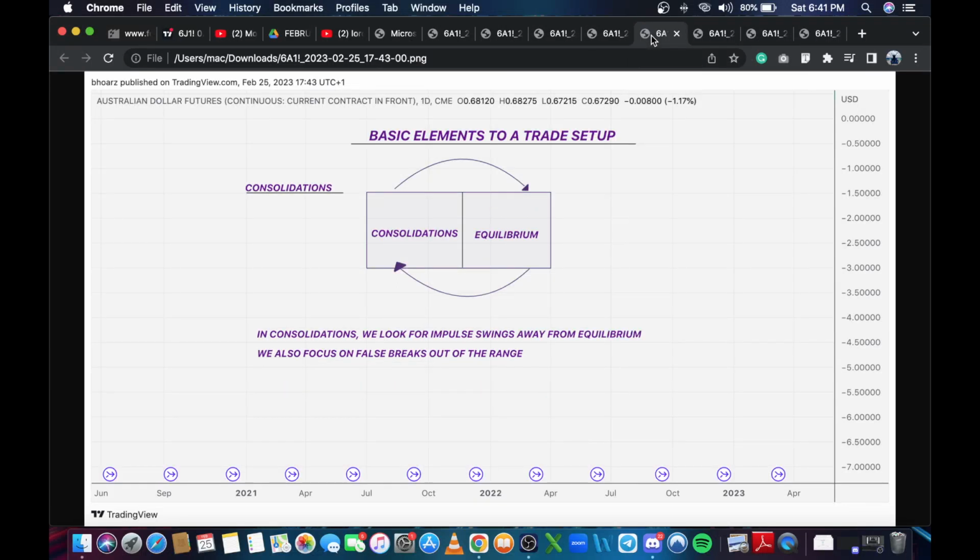Now let's talk about consolidations. When we're dealing with consolidations, we're primarily focused on the equilibrium of a trading range. So consolidations and equilibrium go together because orders inside a stable flow of liquidity, or what I like to call a consolidation, will be built around the equilibrium of that trading range. That's what you're going to get. I don't know why I keep canceling the USDJPY tab.